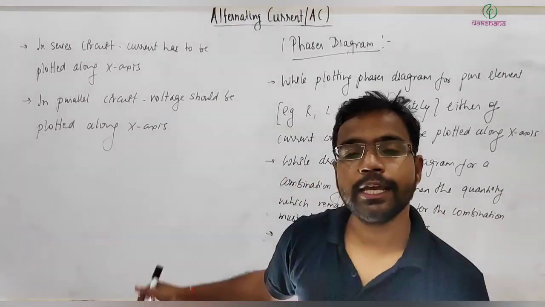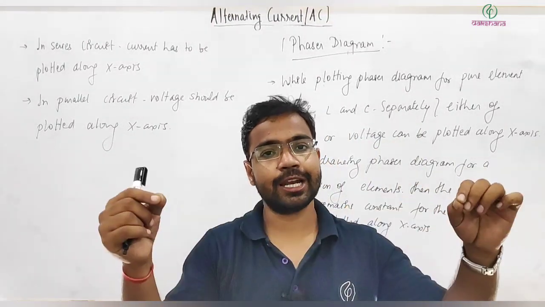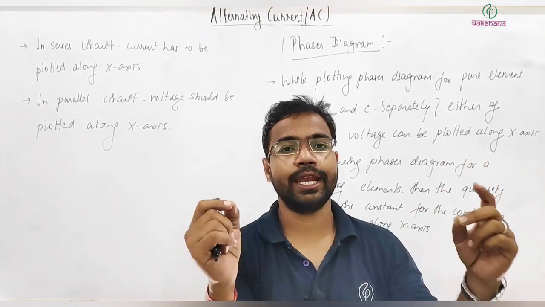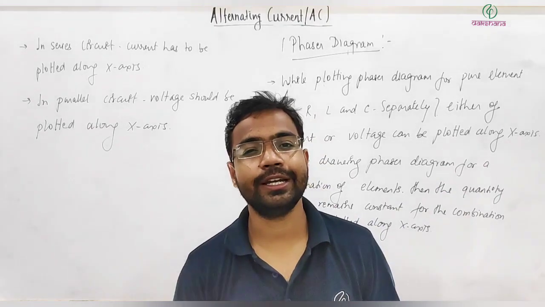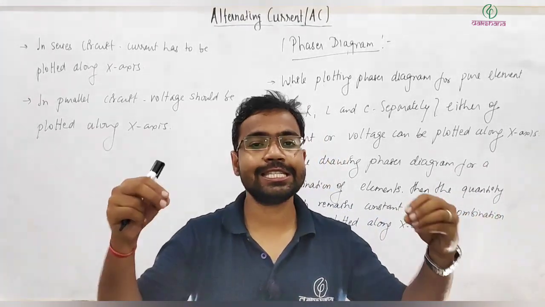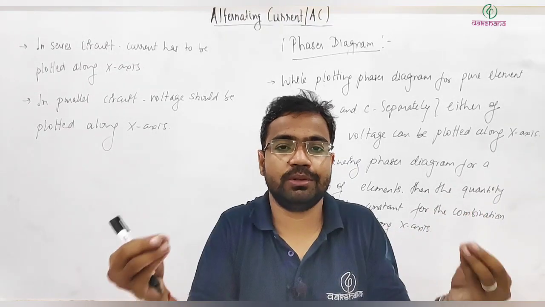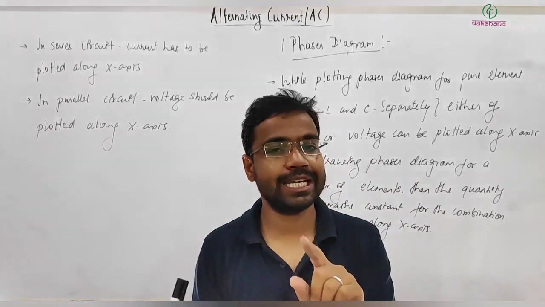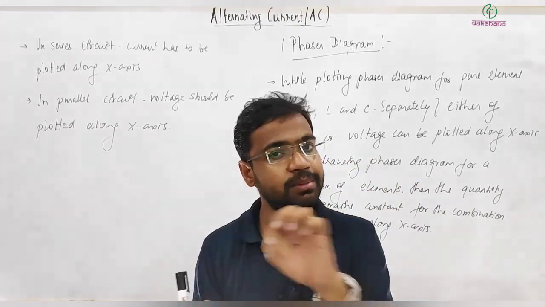If all these three elements are connected in series, what will be constant for all of them? You can easily answer that: it will be the alternating current. If the circuit elements, all three or even more or fewer, are connected in series, the current will be common and constant.